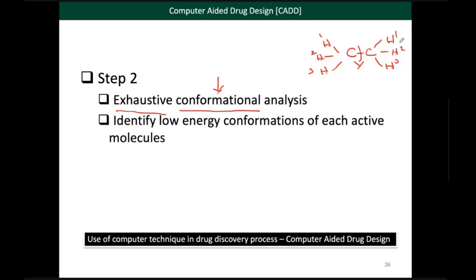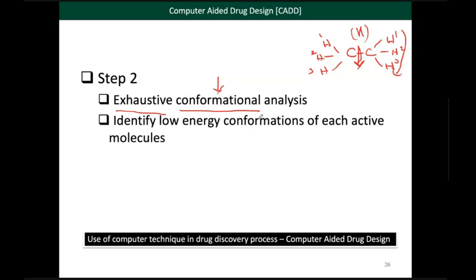If we rotate, the positions of these three atoms will change. Two will come to the first position, first will go to the third position, and so on. So we can generate n number of conformations. The number of conformations depends on the degree of rotation. Depending upon the degree of rotation, I can generate n number of conformations. That is what is called conformational analysis, right?